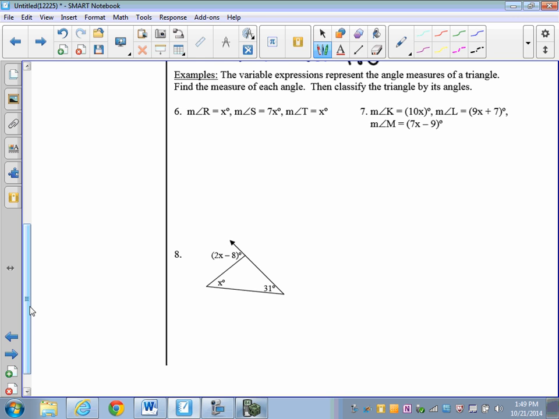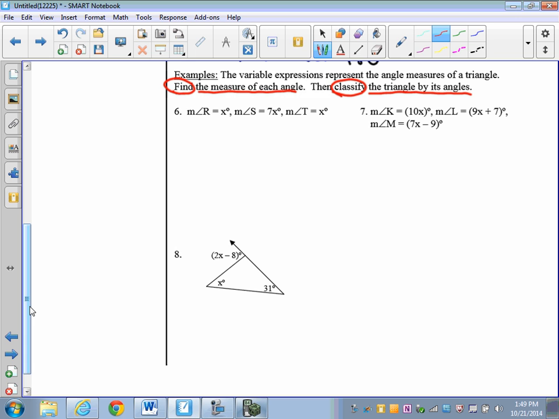So we're going to go over a couple more examples. Let's read the directions on what we're supposed to do. It says the variable expressions represent the angle measures of a triangle. Find the measure of each angle, then classify the triangle by its angles.